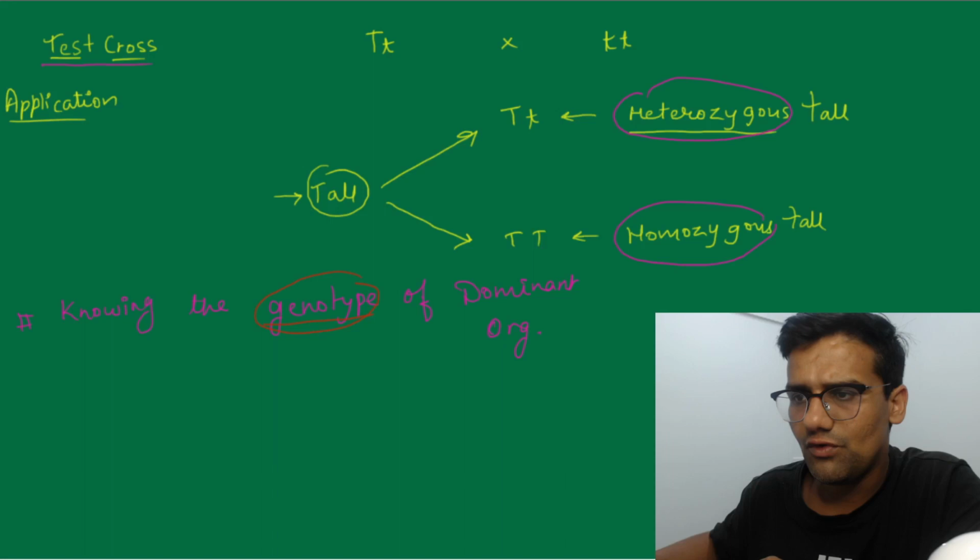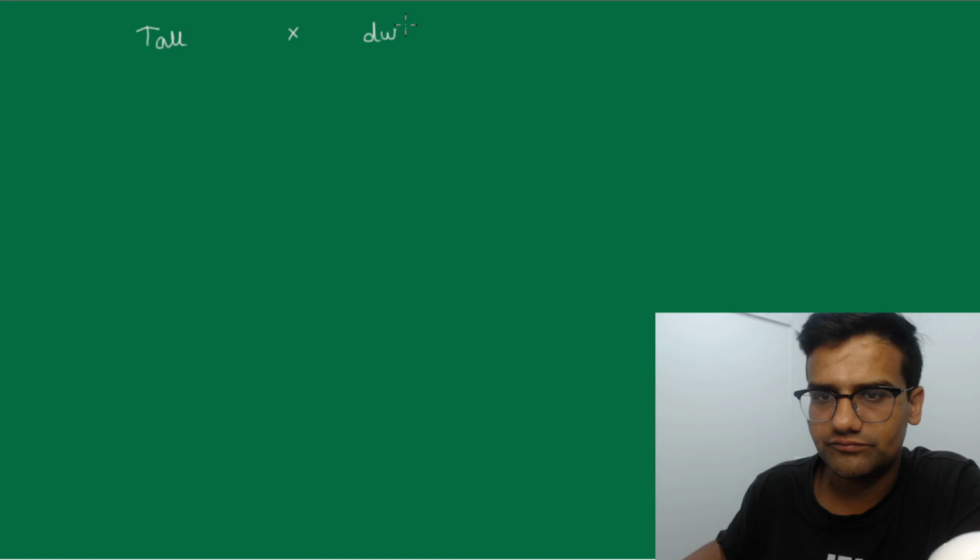For knowing the genotype, we have to do the cross. A tall plant is crossed with a dwarf plant. The genotype of the dwarf plant would be small t small t, but the genotype of the tall plant could be capital T capital T, or it could be capital T small t.